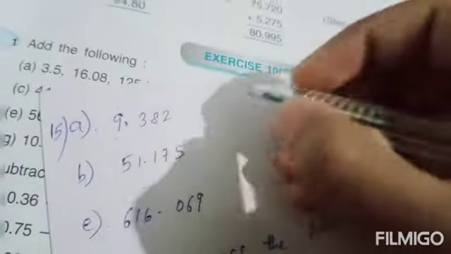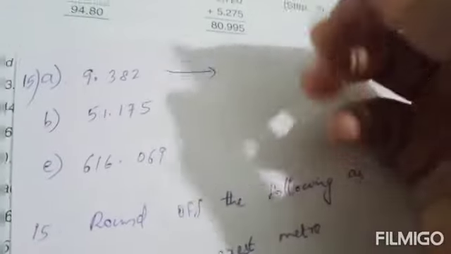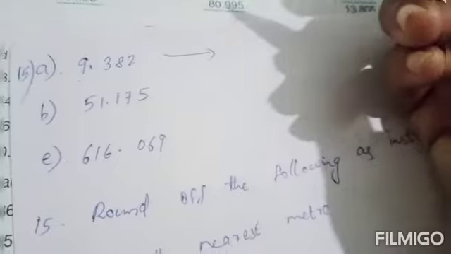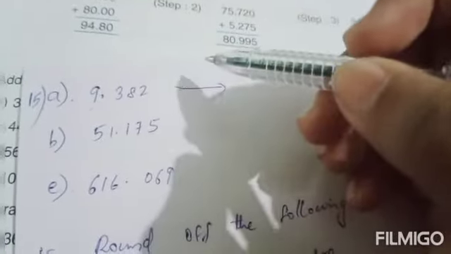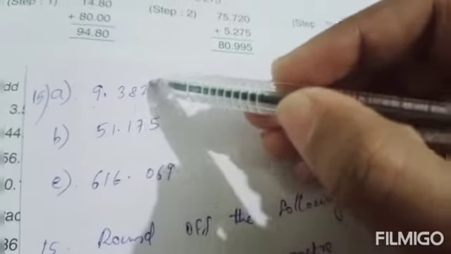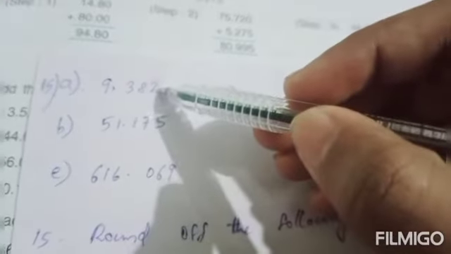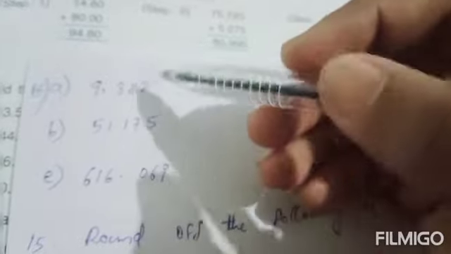So A: 9.382. First you have to round off to nearest 100. So if you need to round off to nearest 100, you need to see the digit at the 1000th place. Here 1000th place it is 2. Now if the digit at 1000th place is less than 5, what to do?